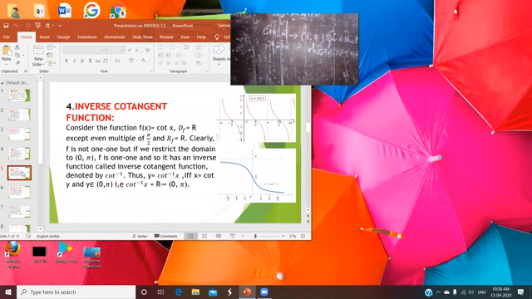And now if you are talking about the graph of it, so here you see that in between 0 to pi, the points 0 and pi are plotted along the y-axis, and the corresponding points, and pi by 2 also on the x-axis. So for pi by 2 it is 0, and after that for 0 it is infinite.